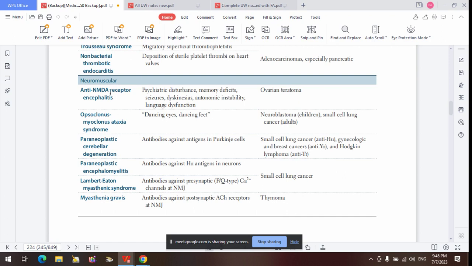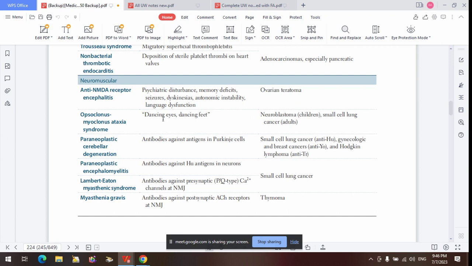Whenever there's obstruction of that receptor, it typically affects the psychiatric component of the body. So they have psychiatric disturbance, they're hallucinating, they're delusional, they're confused, coupled with some cognitive deficit. You have problems with memory, they're forgetful, they have dementia.